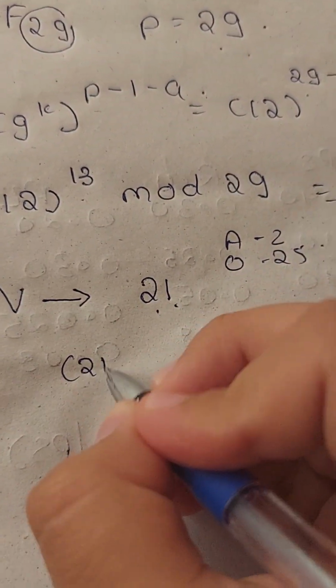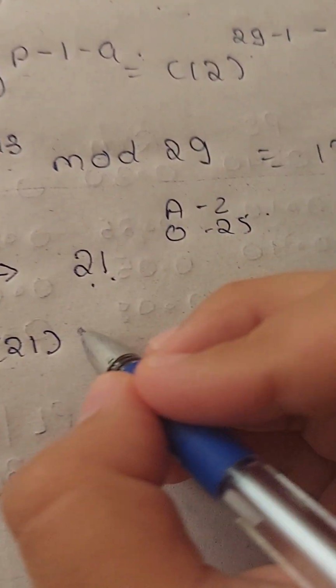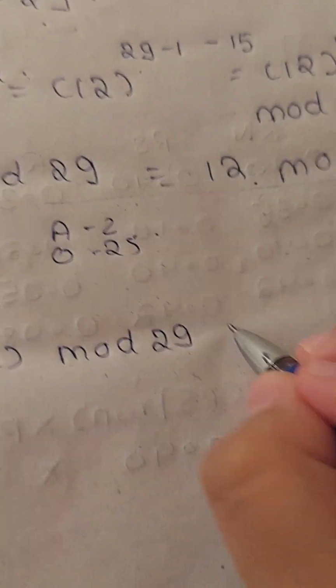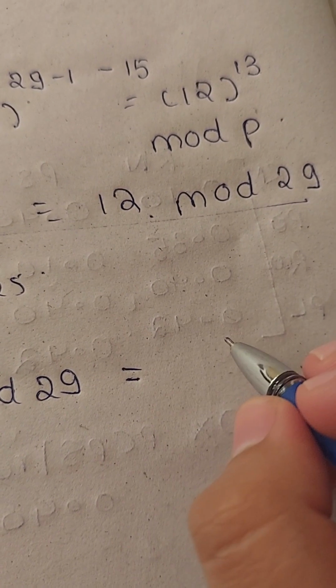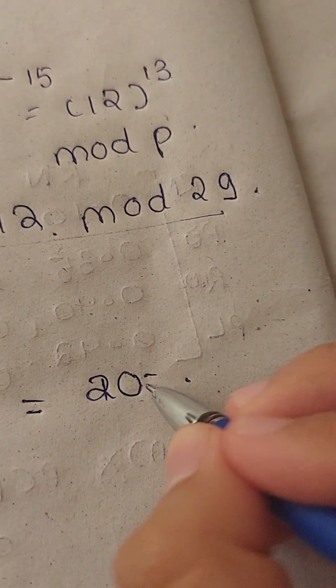We take its letter 21 and multiply it by what we got over here, 12, and we do mod p, which is 29. This comes out to be 20, and 20 according to this is U.